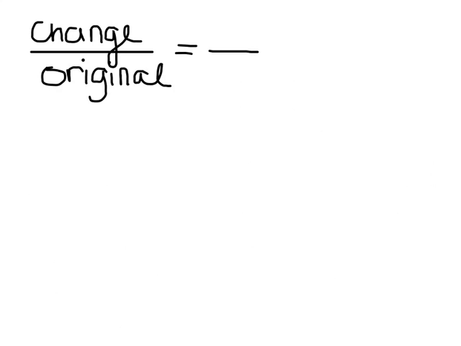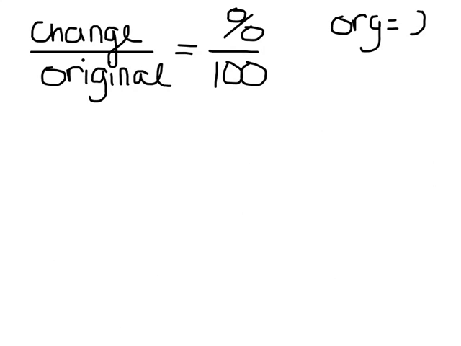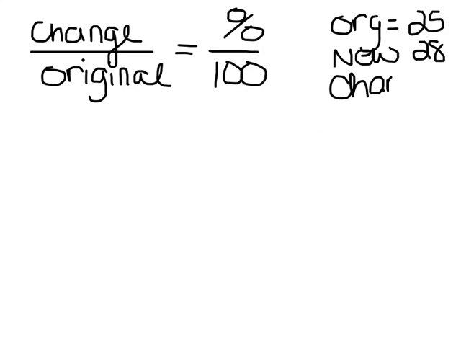A fraction that expresses percent would be out of 100, so we'd have x, or percent, out of 100, a number out of 100. So in our problem, our original was 25. Our new was 28.